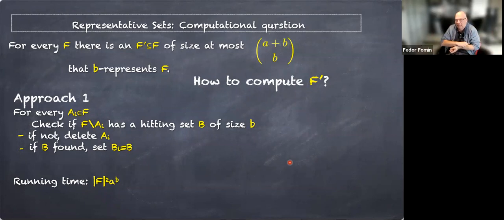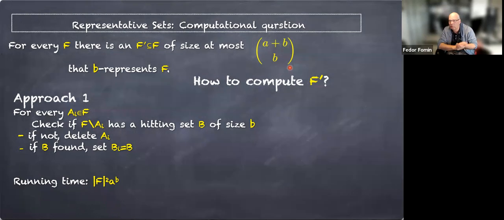And this is again the condition of the Bollobás lemma. So I know that the size of the family which I obtain by this argument will be at most A plus B choose B. And also I know that this is the set that will be representative, as we discussed.